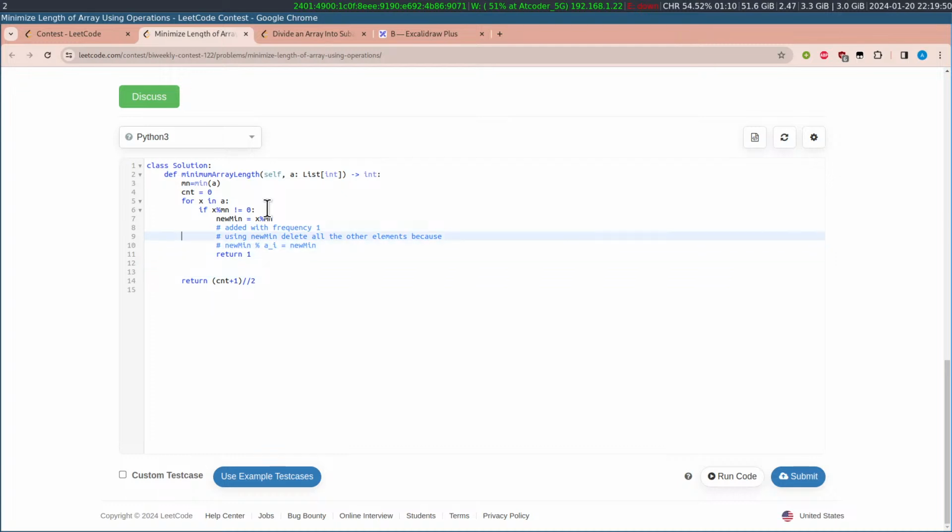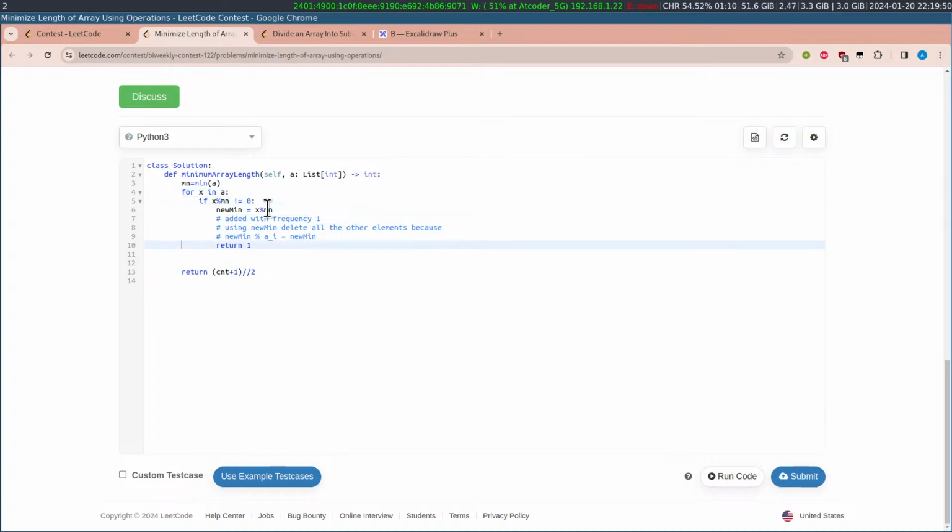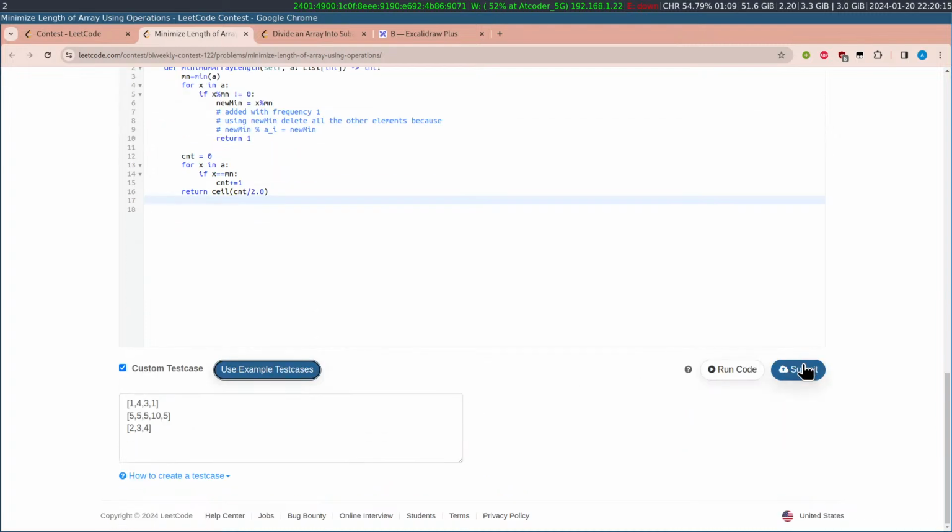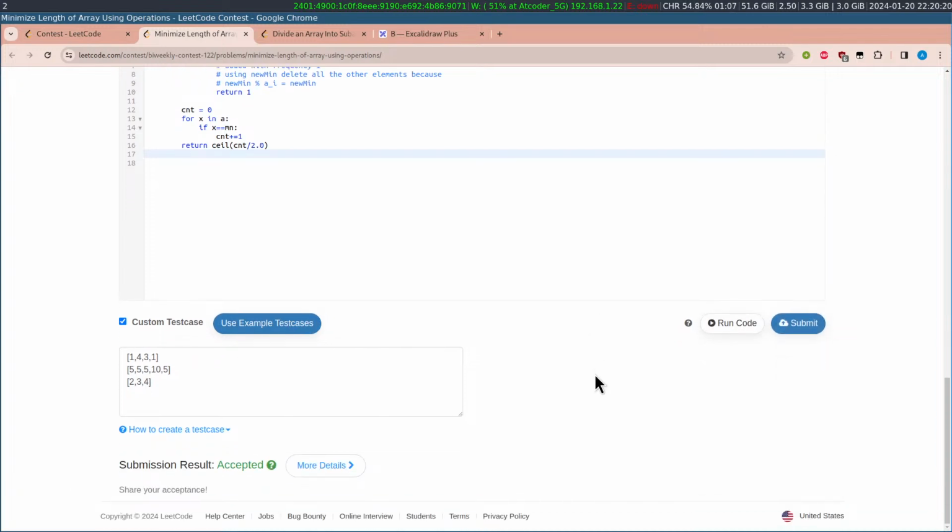If this is not possible, then count the number of times the minimum remains, and at last return ceil. Now this is the reason why just iterating over all the elements is also enough.